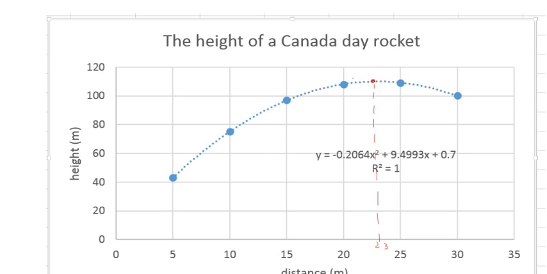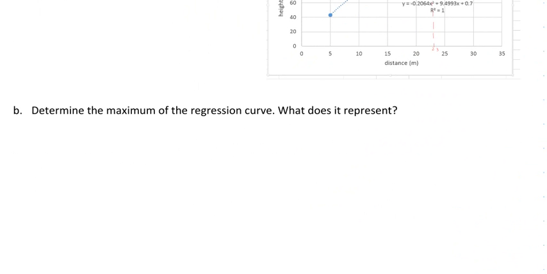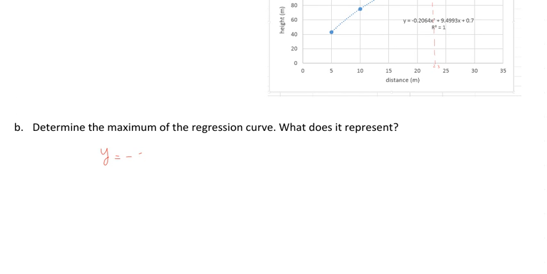Okay, so what was the equation again? Negative 0.2064 x squared. It makes sense that it's negative because it's opening downward.